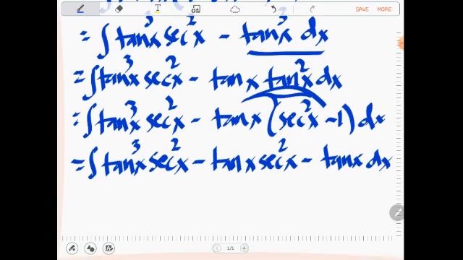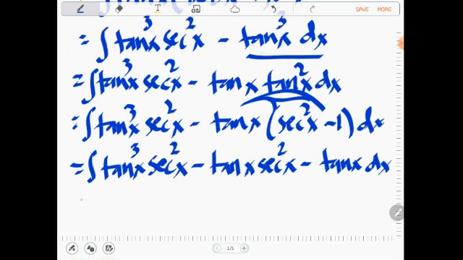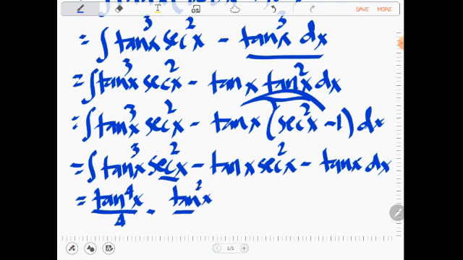Okay? Therefore, we can now integrate this one. So, this is equal to tangent of x, 3 plus 1 is 4, all over 4. Wala na ito dahil yun yung du nung tangent of x, di ba? Minus tan of x squared kasi 1 plus 1 all over 2.